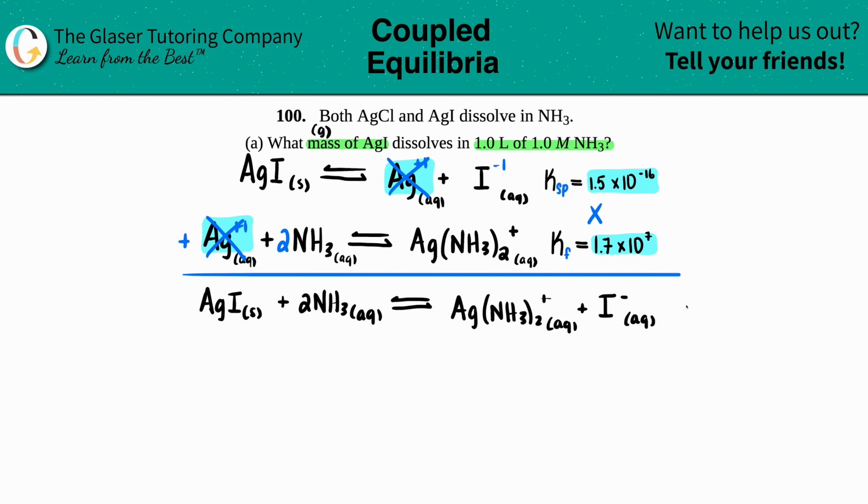So K equals 1.7 times 10 to the 7th times 1.5 times 10 to the negative 16th, which is 2.55 times 10 to the negative 9th. Well, they did tell me that I'm starting off with 1.0 molarity of NH3. Don't get tempted that you have to times it by 2.